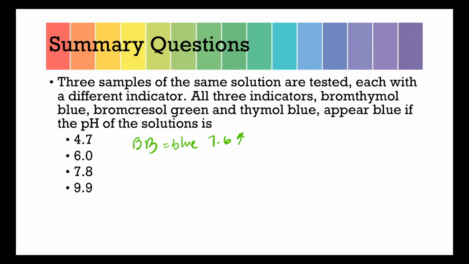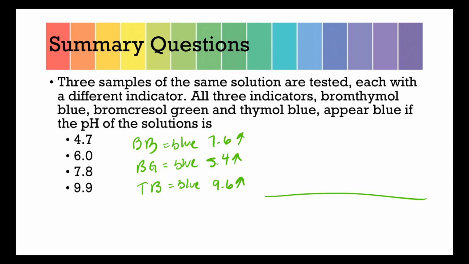Again, you have to look at Table M for this. I'm not just making this stuff up. Bromcresol green, Bg, is blue when it is 5.4 or higher. Again, it's straight from Table M. And then thymol blue is blue when you have a pH of 9.6 and higher.